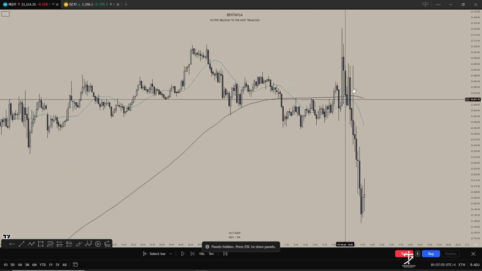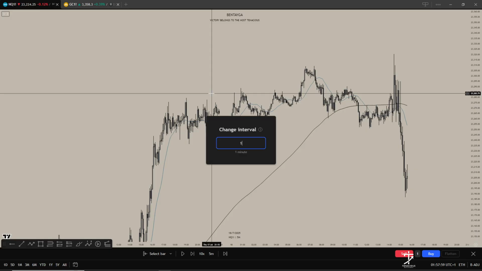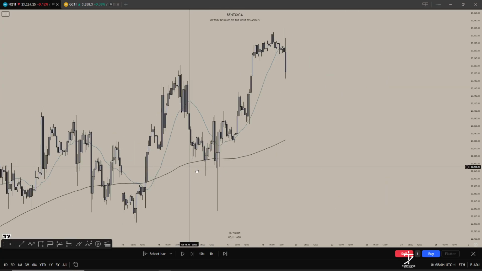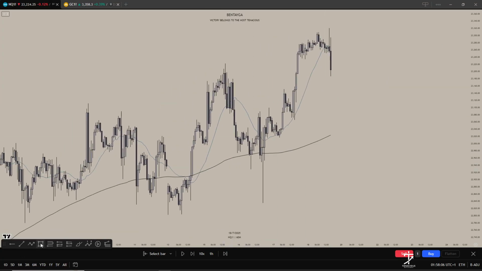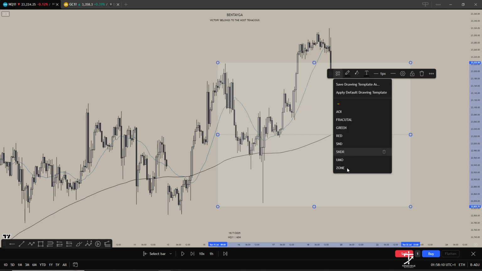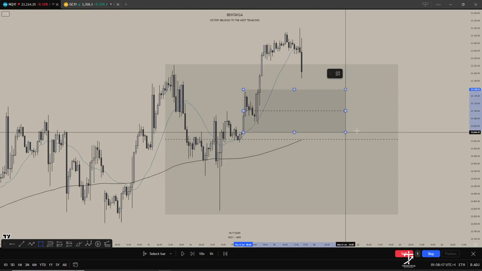Okay, so this is what NQ looked like today, and if you just go on our 1 hour chart, see what's going on, we can see that price is bullish based off our SMAs. We've clearly come from this zone here, and you can say that price is potentially trying to pull back, potentially trying to tap into this area here, which is the SNDR.